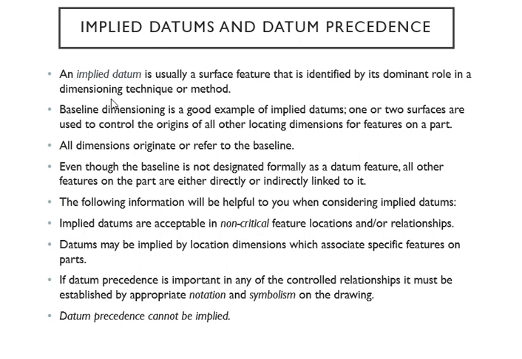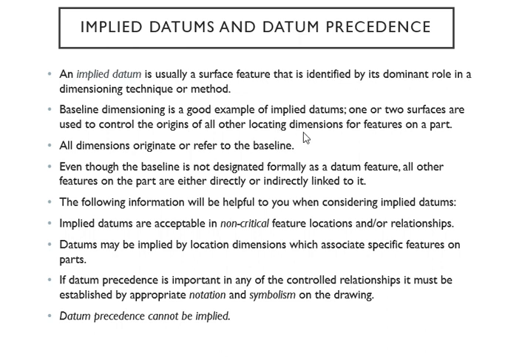So it's just dealing with your values or dimensions, specifications. Since we are measuring, we call that dimensioning technique or method the implied datum. It's just a surface feature. So in real life, it's baseline dimensioning. You're going to hear that method all the time, and that is an example of your implied datum.